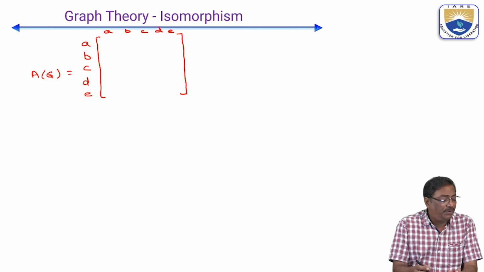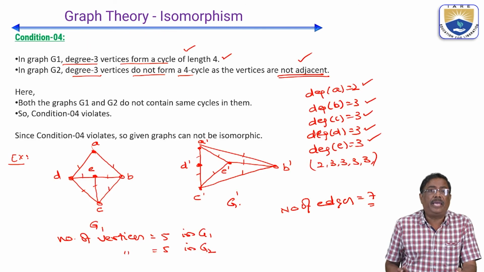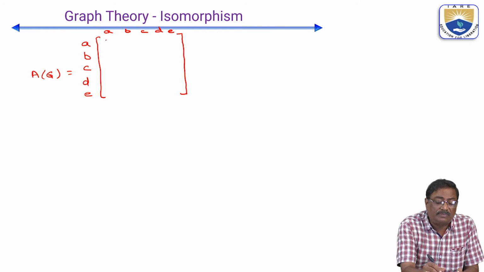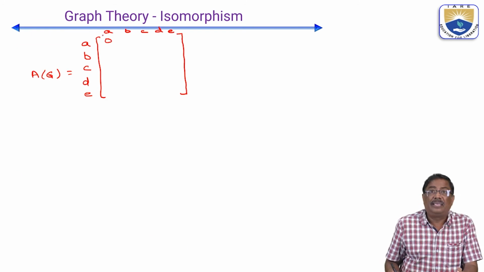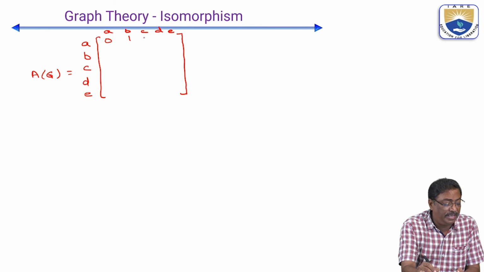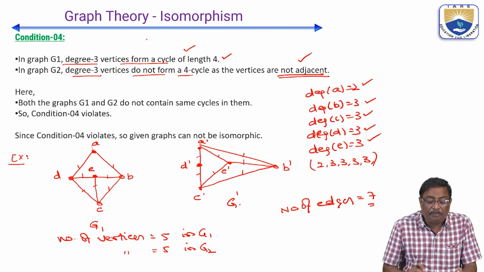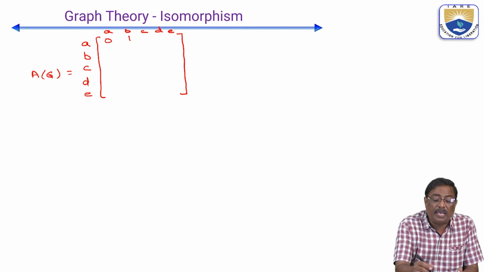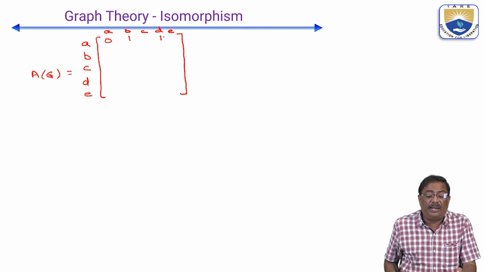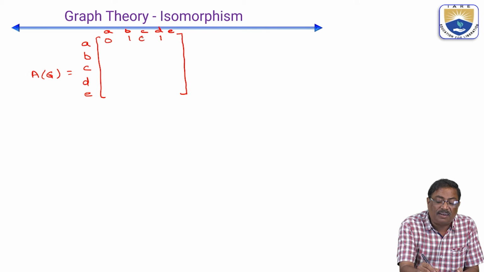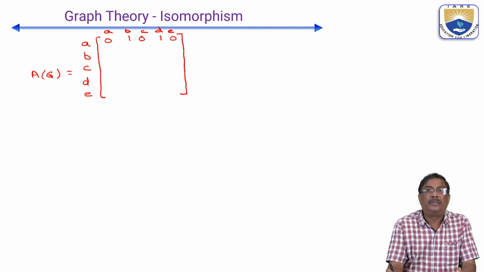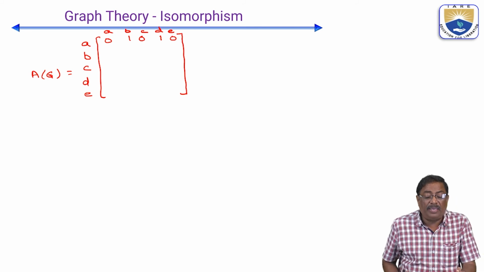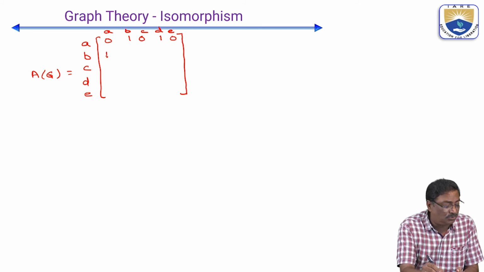Now AA will not be there, as there is no self loop, so we consider it as 0. Then AB is there, and AD is there. AC is not there, AE is not there. Then BA: AB is there, so BA is also there.